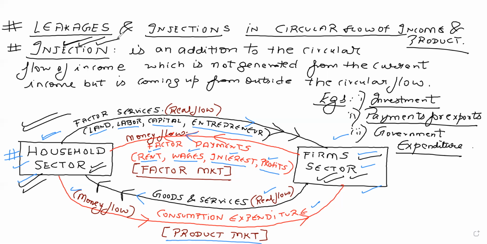And when the government is doing this expenditure, the income in the economy is going up, because when the government builds these roads, bridges, and railways, the government will hire more labor. That labor will be paid income. So this is additional income added to the current flow of income between the households and the firms. Hence, government expenditure is also an injection.